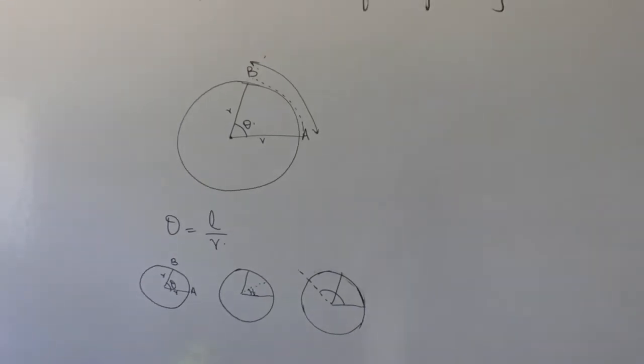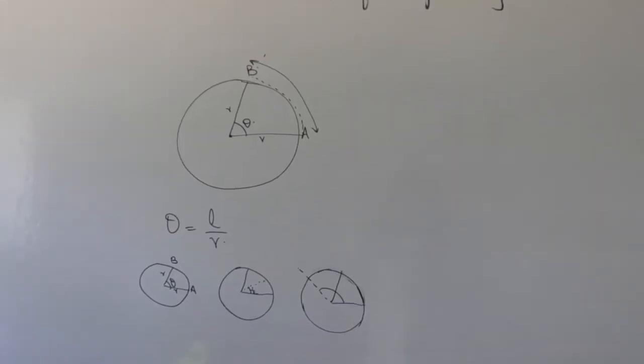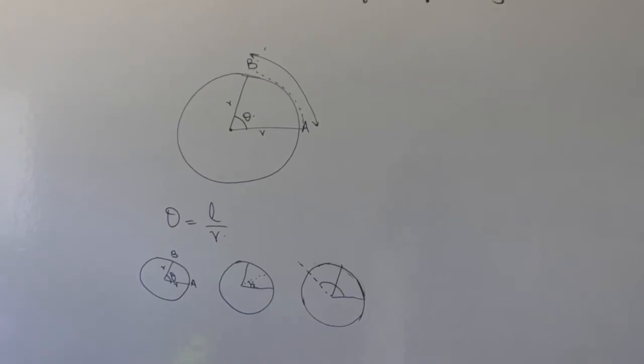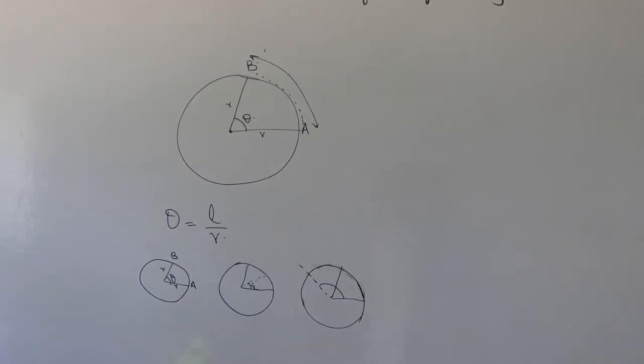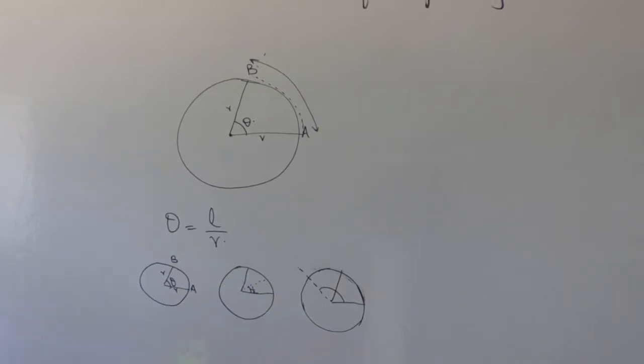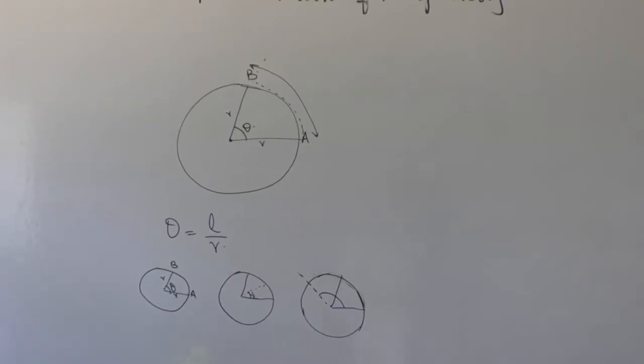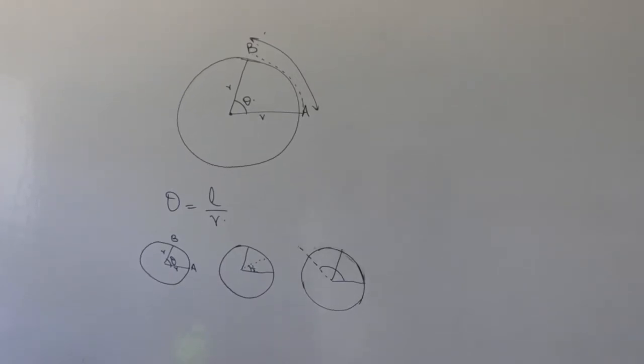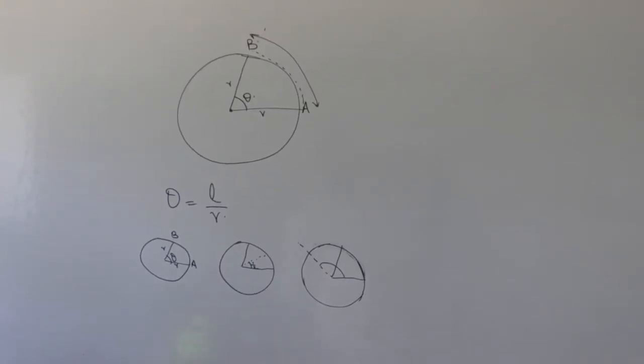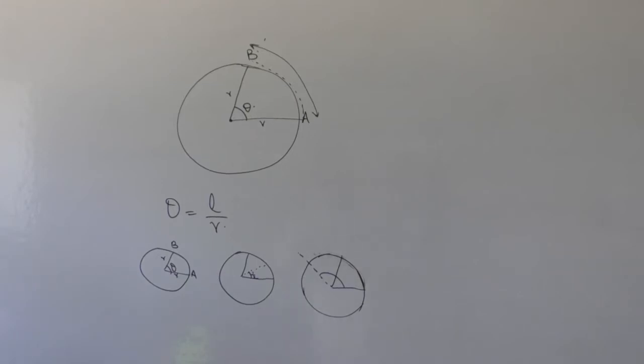The first one shows that an angle of 1 radian subtends an arc AB on the circle of length 1r. An angle of half radian subtends an arc AB of length half r. An angle of 2 radians subtends an arc AB of length 2r. Therefore, an angle of theta radians subtends an arc AB on the circle of length theta r.